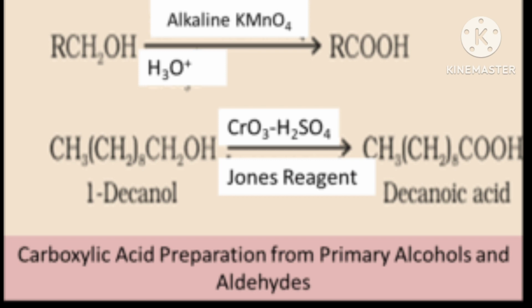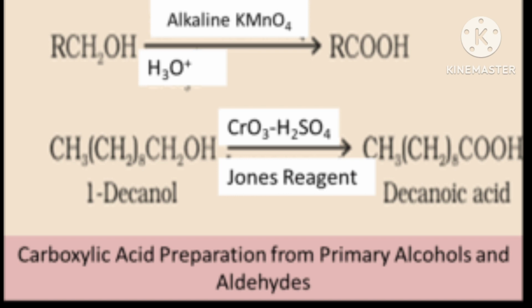Hence it is called decanoic acid. But this will take place in presence of CrO3, chromic acid, in presence of an acid like H2SO4. Correct? This I have told you, that is the preparation from alcohol.